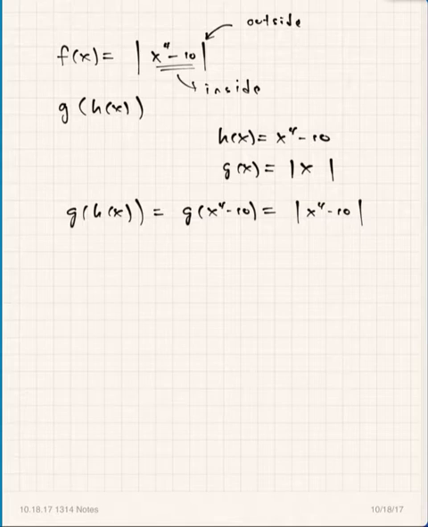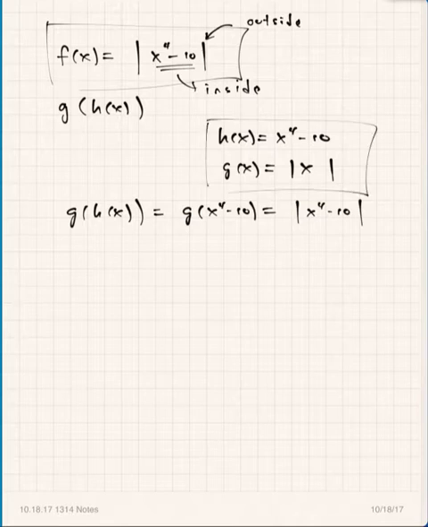I get exactly what I was looking for. And so this is decomposing it. This is my original function right here. F of x is the absolute value of x to the fourth minus 10. And this is how we've decomposed it into two smaller functions like this. Now, you can't always do this, but there's some functions that are set up the way they're written so that you could do this.